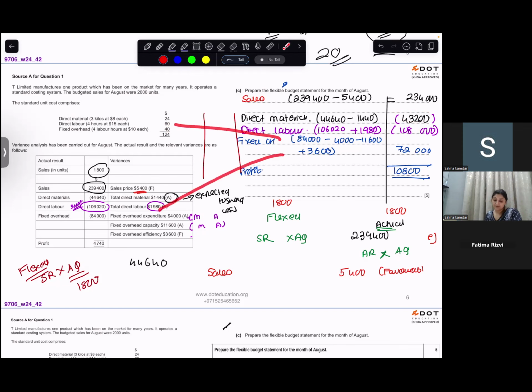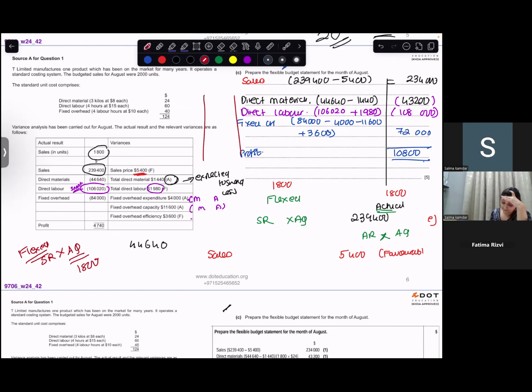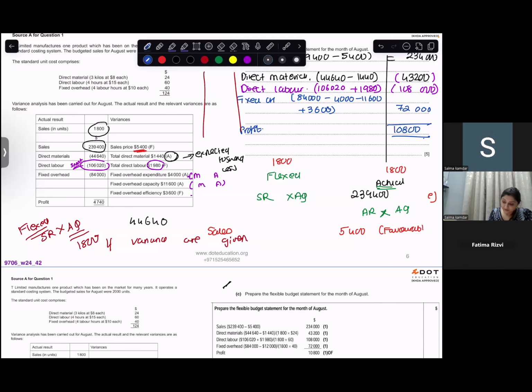I hope you're with me. So there are two ways: you arrive from the variances, or you do it from this. If the variances are given from actual, how can you go to the flex? Tell me. If you want to go from actual to flex, you minus the adverse variances and add the favorable ones.